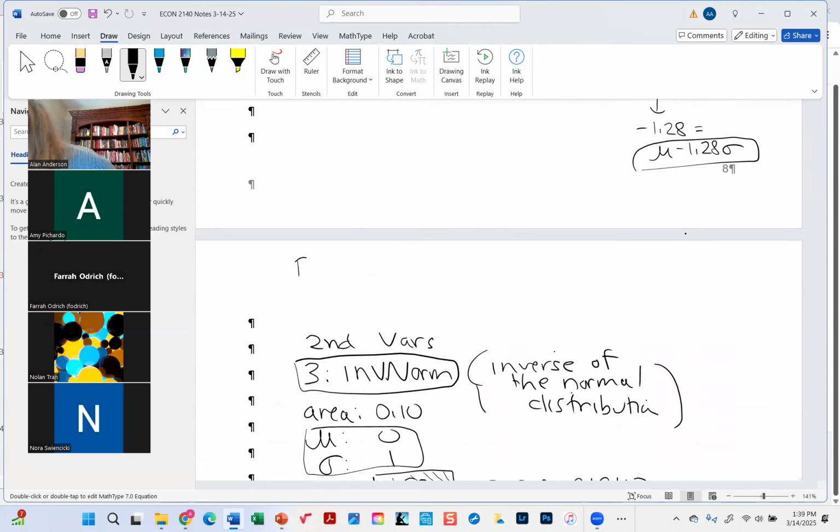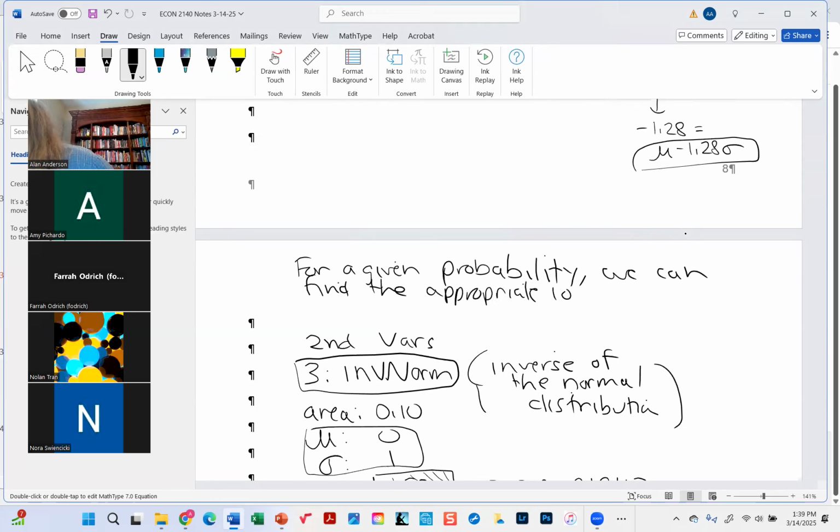So here, for a given probability, you can find the appropriate location under the curve as follows.